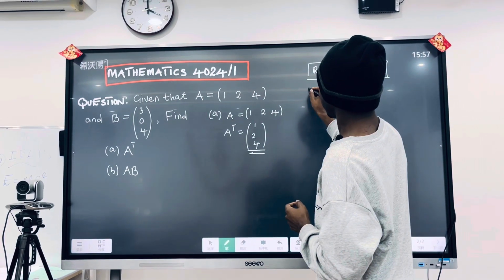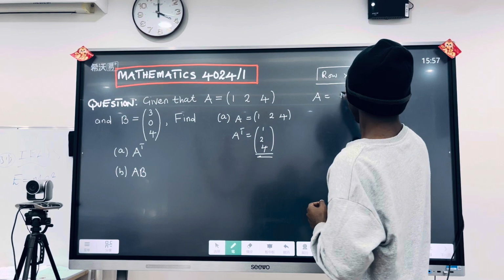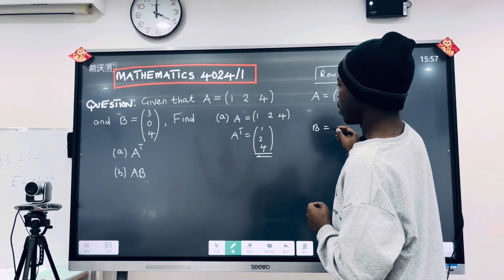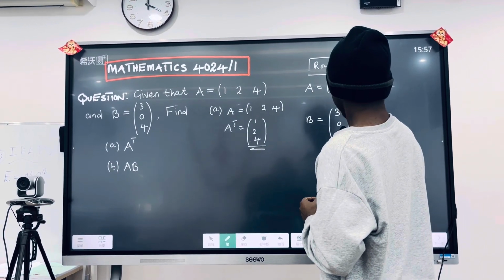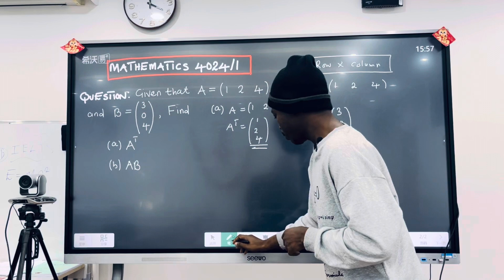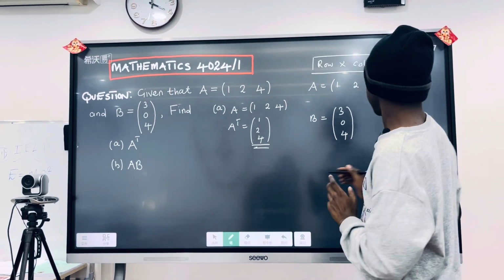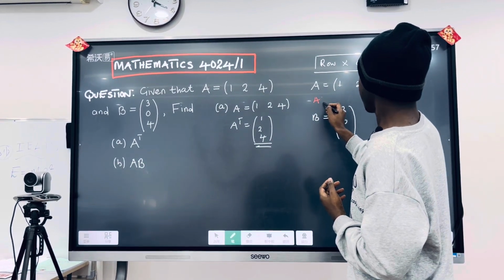So let me write down the matrices we're multiplying. We have matrix A, 1, 2, 4. Matrix B, 3, 0, 4, like that. Before we multiply those matrices, let's figure out the order of these matrices. What is the order of matrix A?